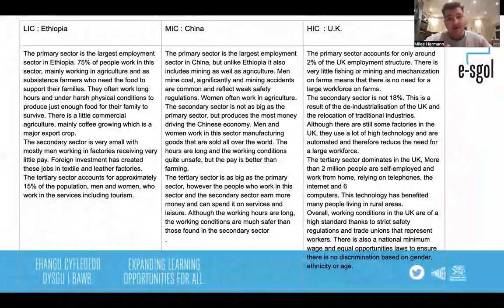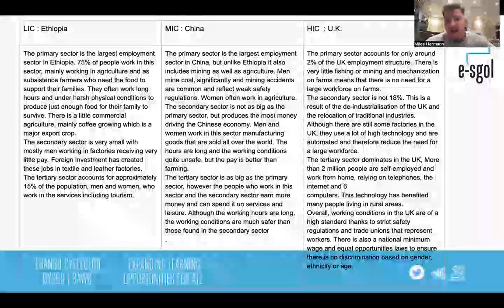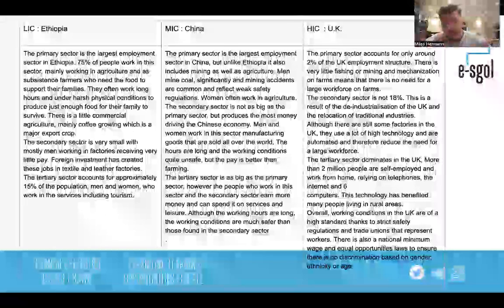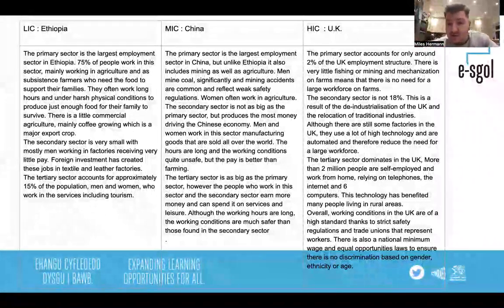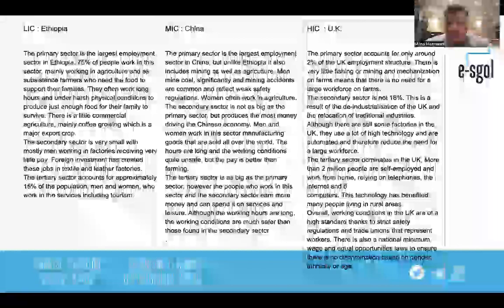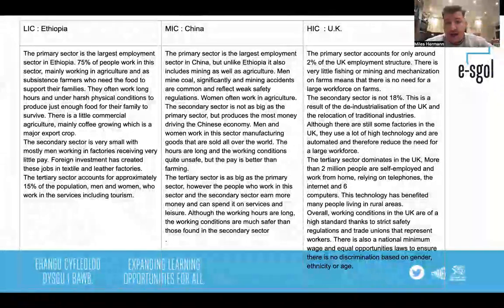However, in the UK, there are some factories that still do exist. These are high tech, quite automated, and the workforce then is significantly reduced compared to what it is possibly in middle income and low income countries.